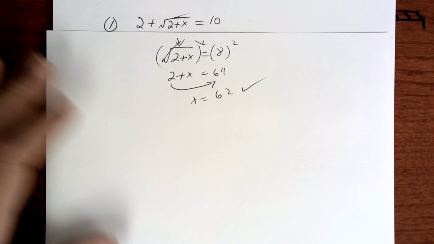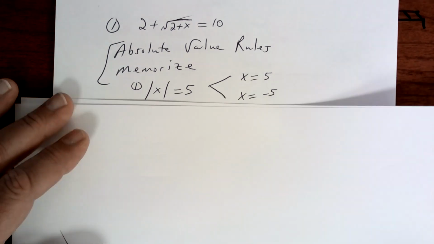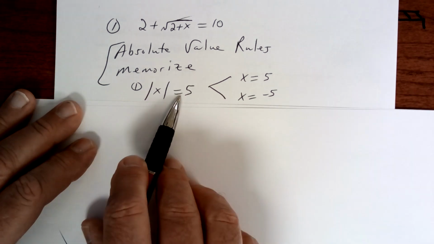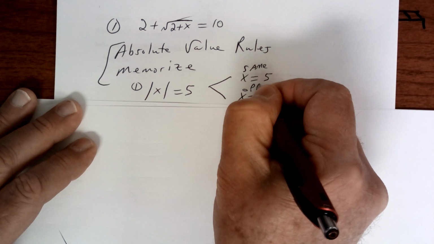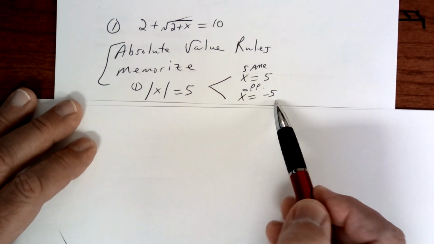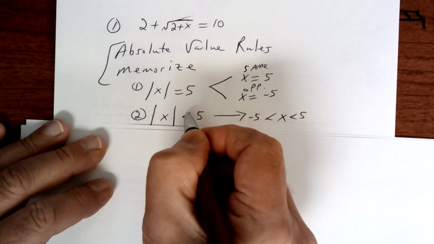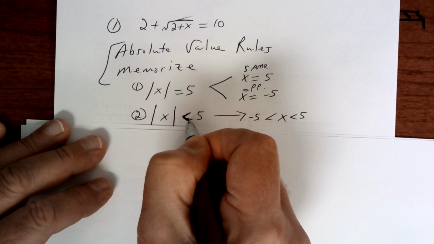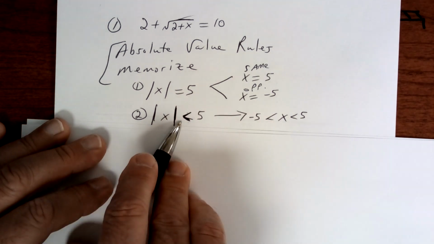Okay, here are the rules. I want you to memorize these rules right here. You got to look at the sign here. If it's equal, it's going to be the same and opposite. Write that down. The opposite of a plus 5 is a minus 5. On this one right here, if the inequality points to the absolute value, like this, then it's squeezed in between.